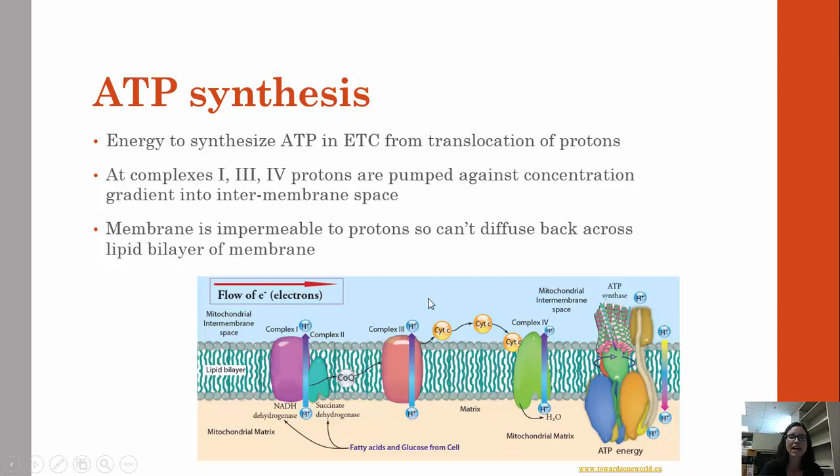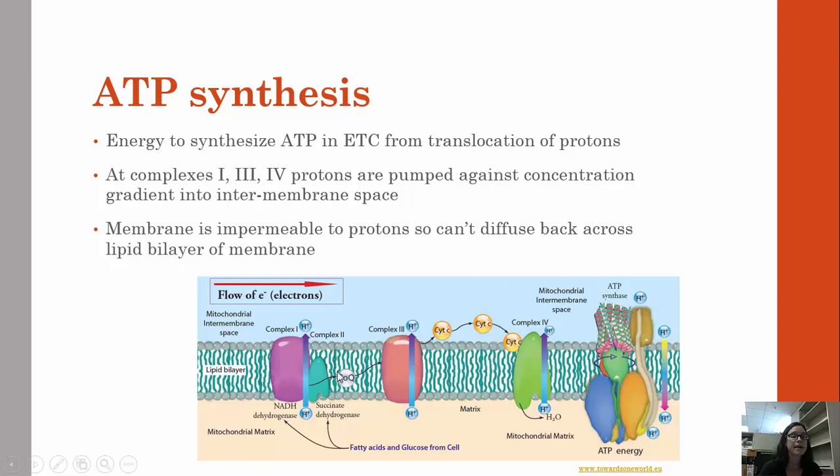And this creates a gradient where we have a positive charge in this intermembrane space, and it's highly acidic, or more acidic, because we have all these protons there. So the energy from the downhill reactions of carrying electrons is used to pump hydrogen protons against the electrochemical gradient to create a concentration gradient in this intermembrane space.